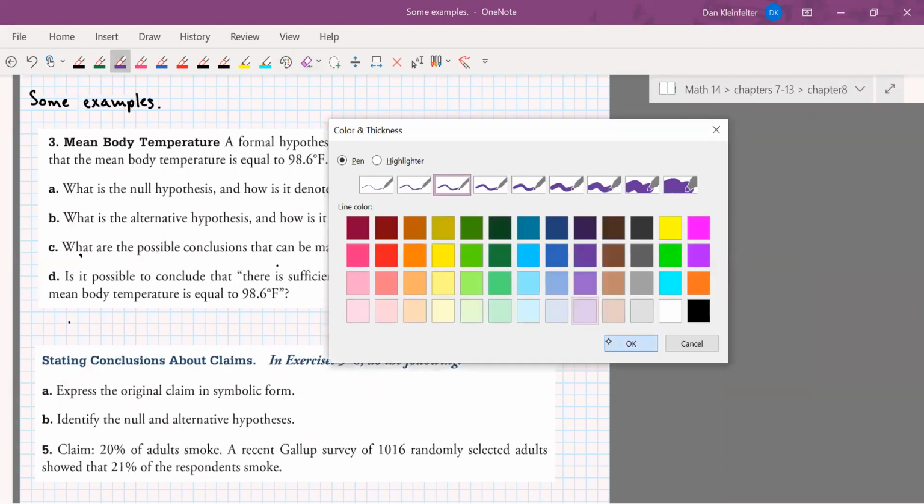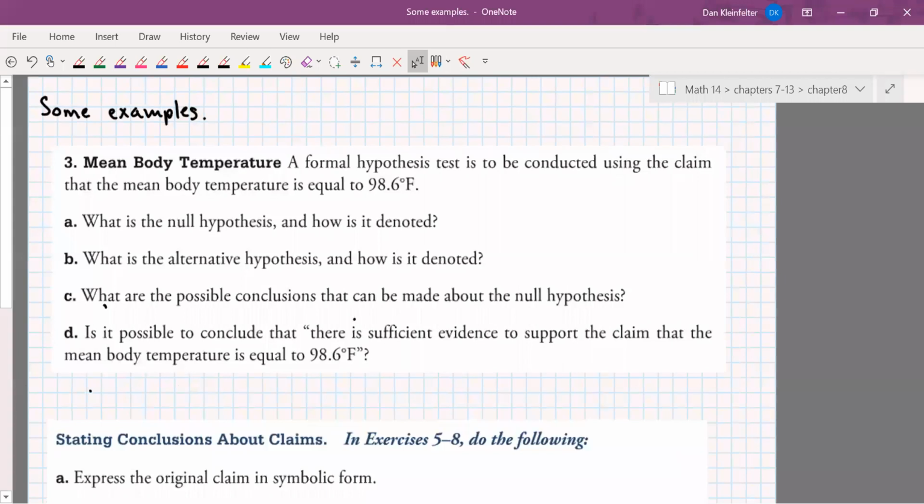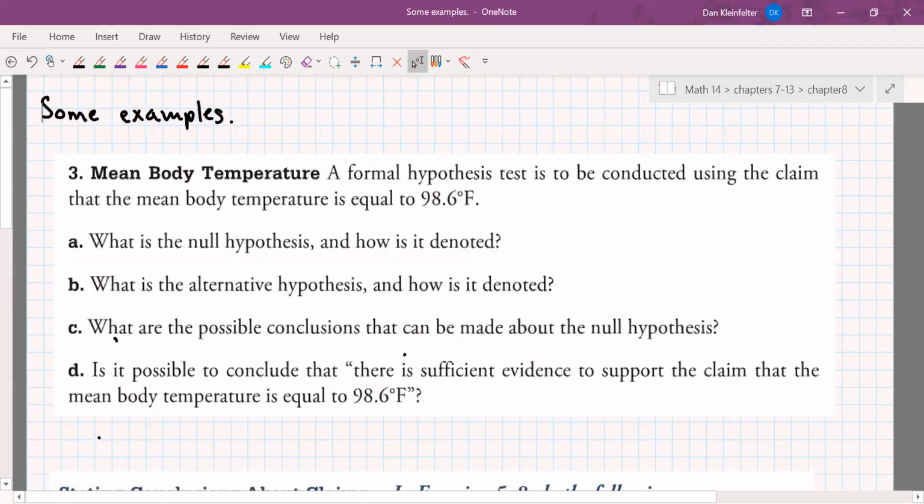So in this first one, number 3, we want to just answer the questions. Here it says a formal hypothesis test is to be conducted using the claim that the mean body temperature is equal to 98.6 degrees Fahrenheit. What is the null hypothesis and how is it denoted? I would say our null hypothesis contains equal, so mean body temperature equals 98.6 degrees.